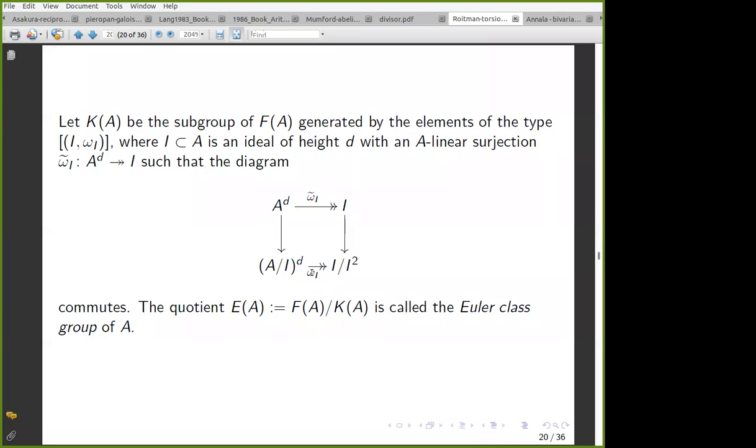This particular thing should lift, not some general one. It's not enough to say that I is generated by d elements. This diagram should commute. Then you write the quotient E of A as F of A modulo K of A. It's called the Euler class group of A. So this orientation is going to play a very important role.